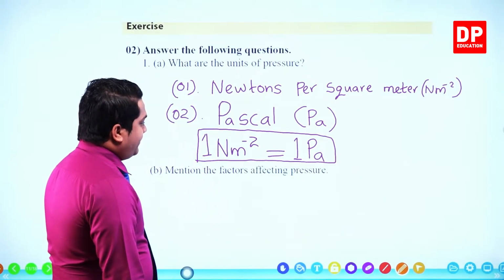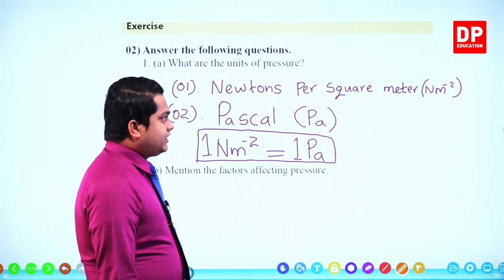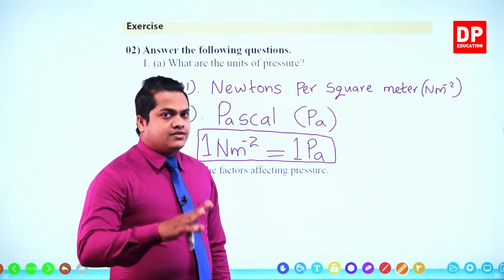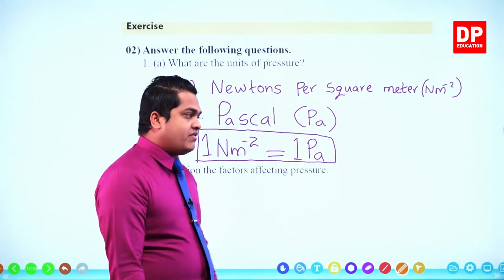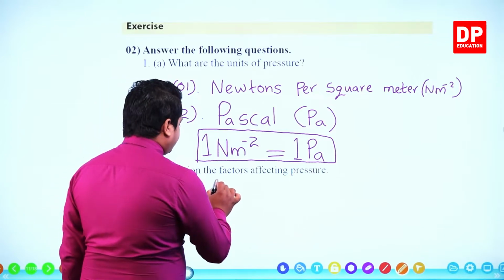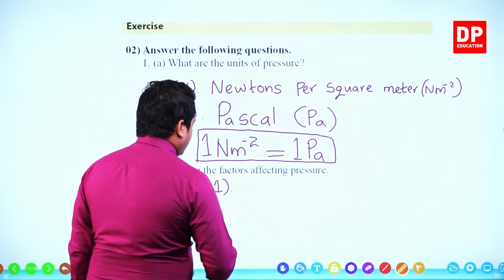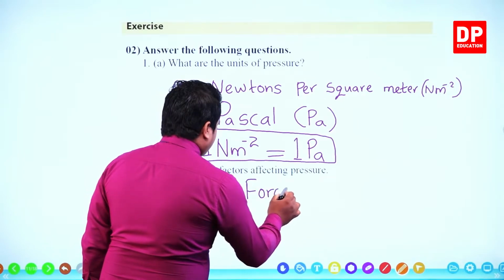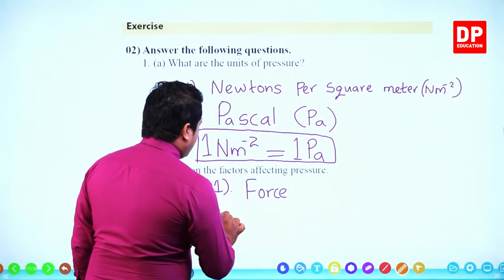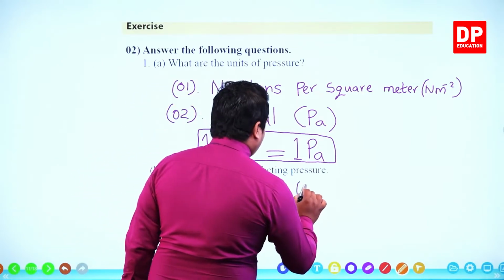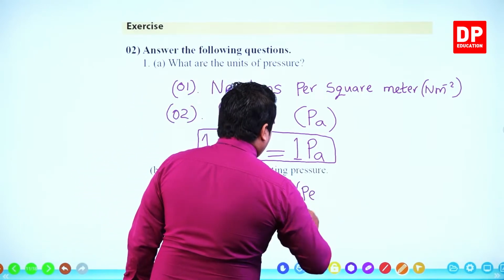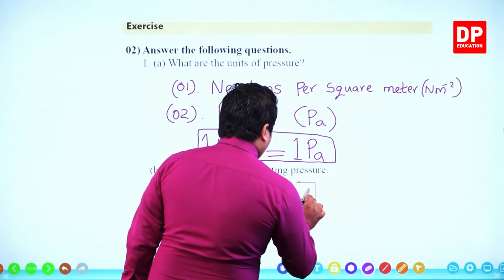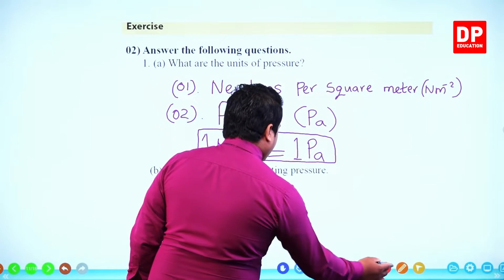Mention the factors affecting the pressure. So there are two factors which affect the pressure. There are two basic factors that affect the pressure, my dear children. Number one, what is that? Force. I'll mention force, but it's better to write it as perpendicular force.